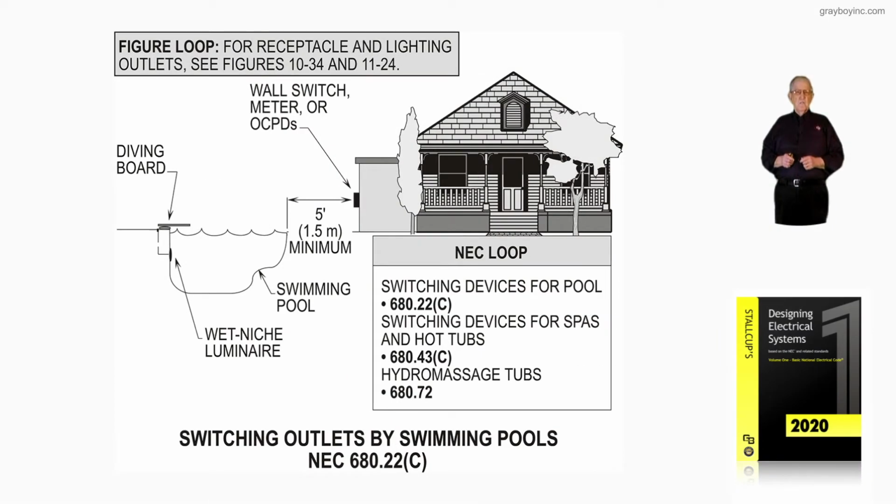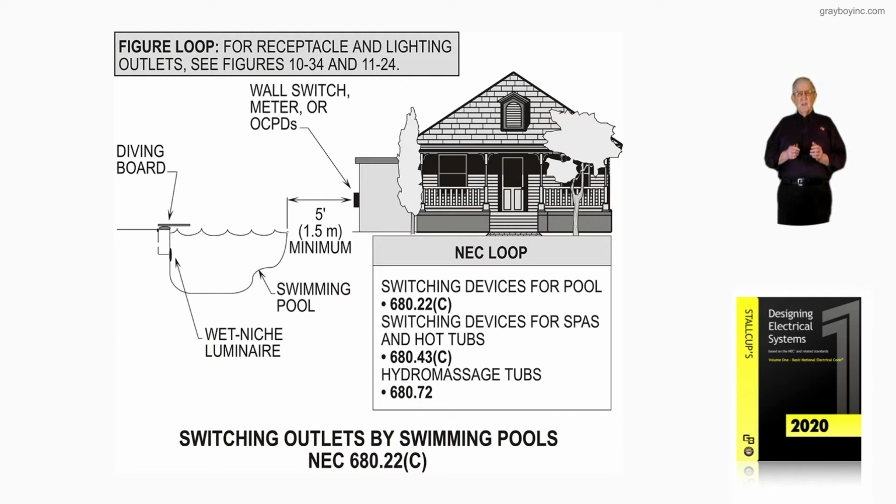Now, this illustration deals with switching outlets by swimming pools. Notice in the NEC loop, if you're switching devices for a pool, say around a pool, 680.22(C) regulates the rule. If you're switching devices for a spa or a hot tub, then it's 680.43(C).